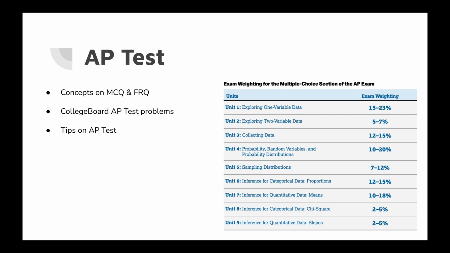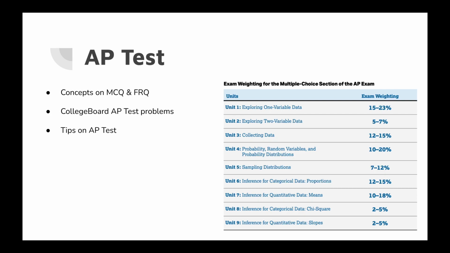We will cover some key terms and ways to interpret data and the way to express those data in one sentence. For Unit 2, exploring two variable data, we will learn how to interpret the correlation between two different variables. And also, we'll learn how to express their relationship in terms of statistics.